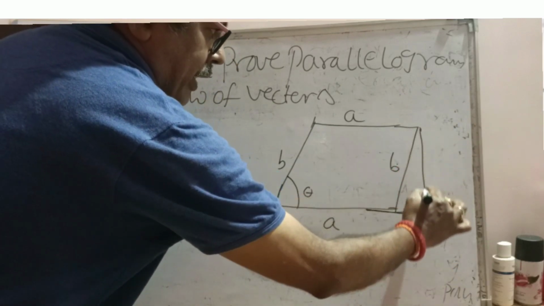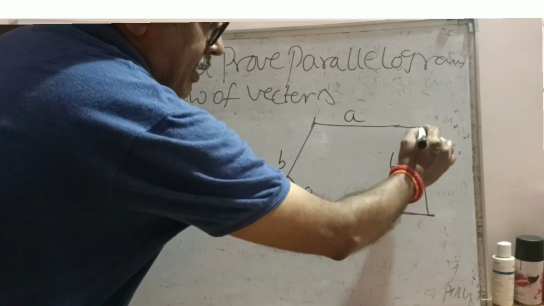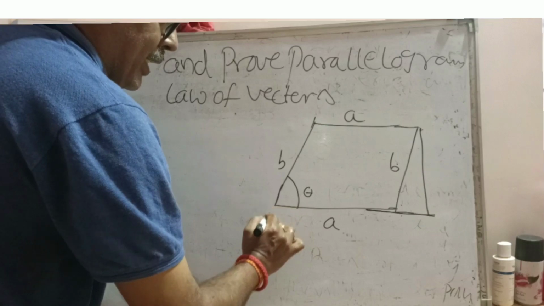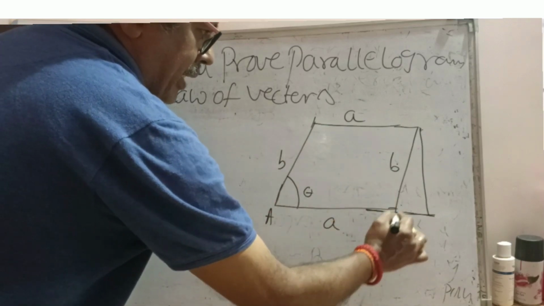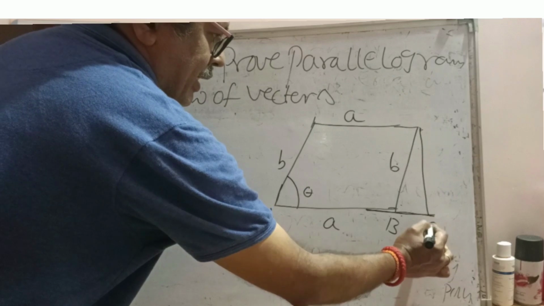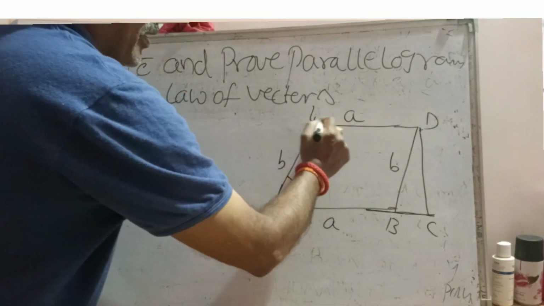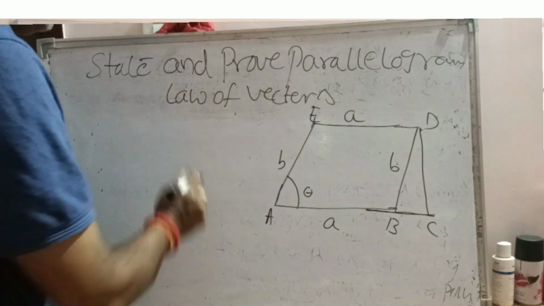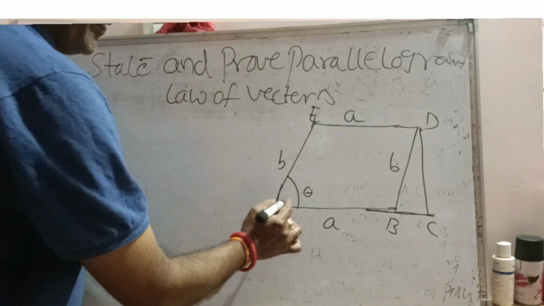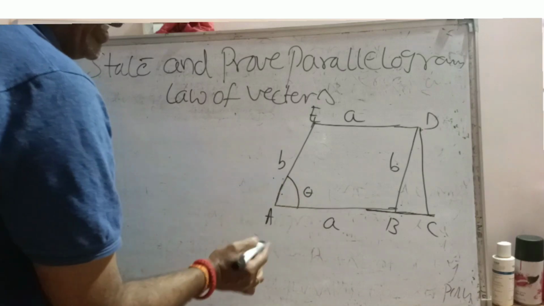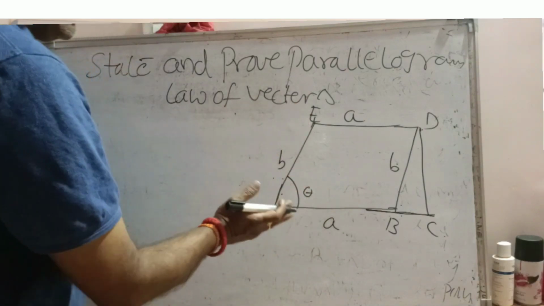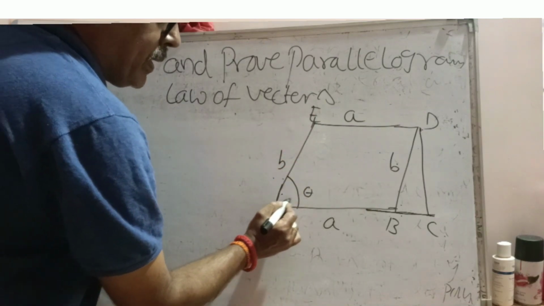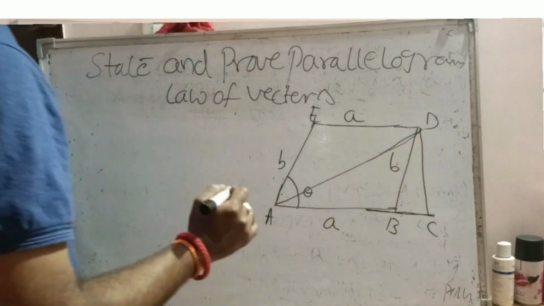Here, join these two points so that it forms a right angle triangle. Let us name this parallelogram AB, with points C, D, E, for example. According to the parallelogram law of vectors, the resultant is represented by the diagonal passing through this point.